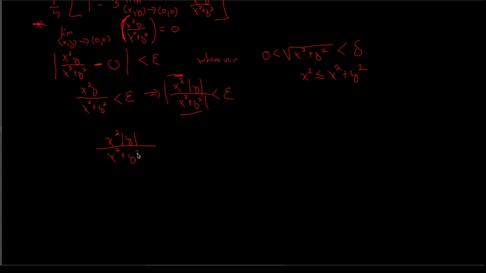x squared plus y squared downstairs on equality, right? When x squared is equal to x squared plus y squared, then this whole thing becomes 1. And so this is less than or equal to the absolute value of y. And we can make a little note here that if I divide x squared by x squared plus y squared, it's less than or equal to 1. That's the idea we're getting from here, that if we look at the boundaries, we always get something less than or equal to 1.